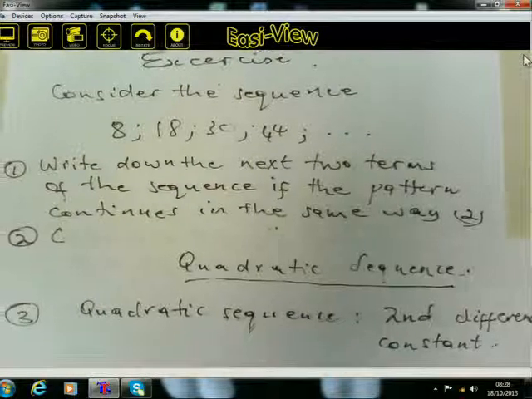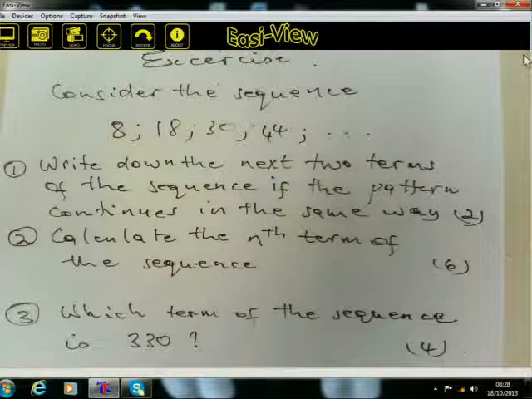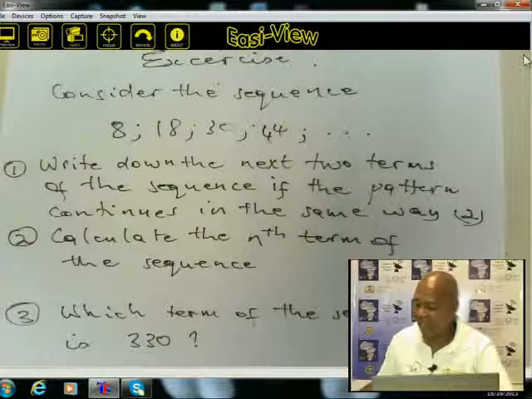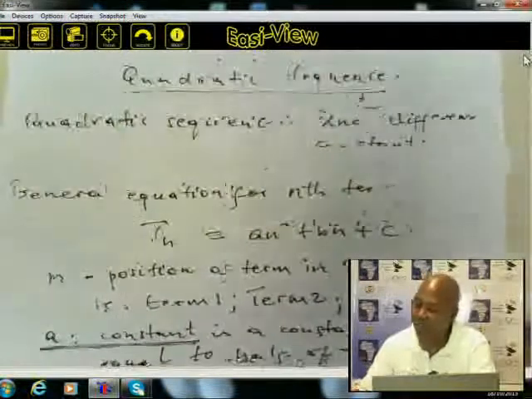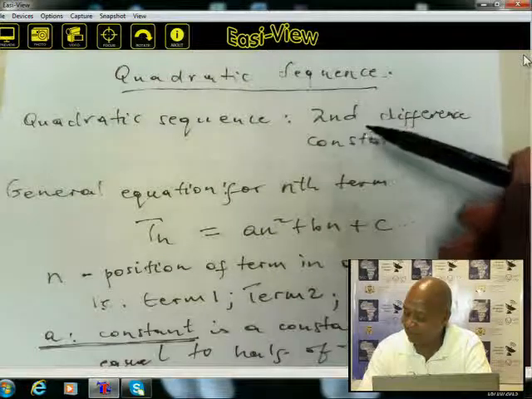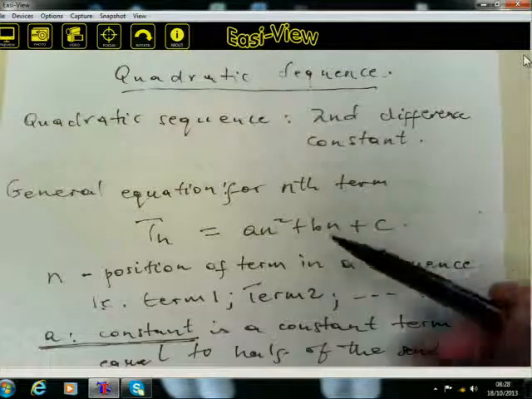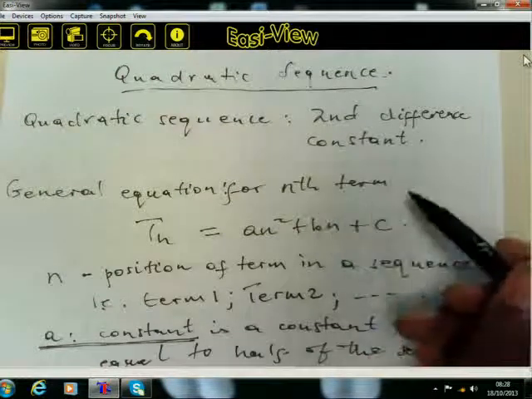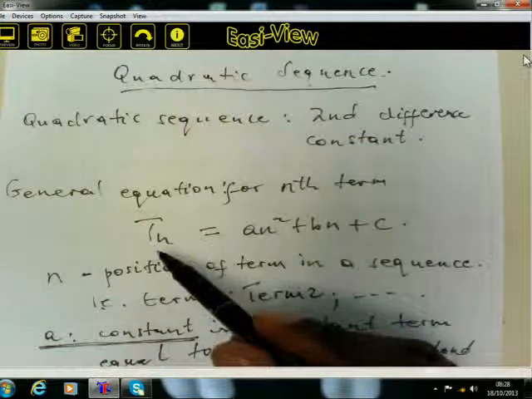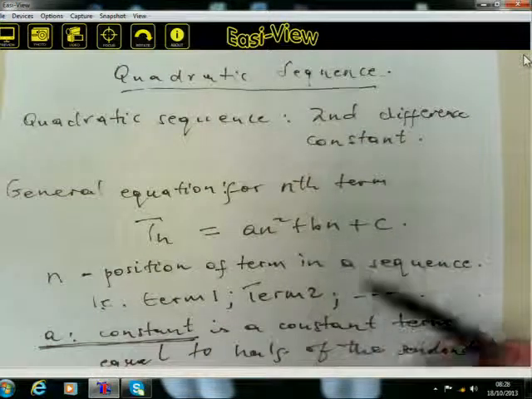Okay, folks, let's go to our exercise. Points to remember when you are to do this exercise: since we are dealing with a quadratic sequence, what is important is that the second difference is constant. The general equation for the nth term is Tn equals an squared plus bn plus c.